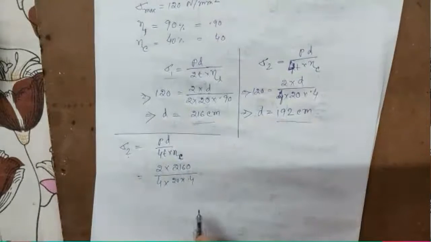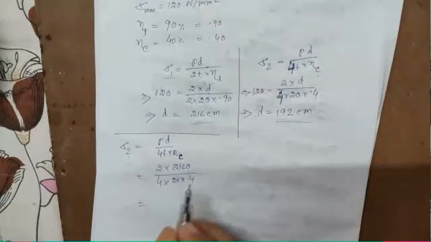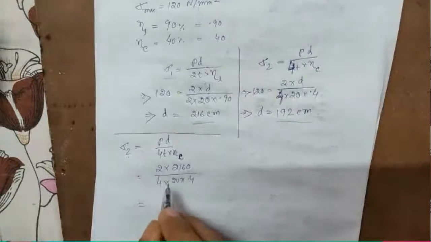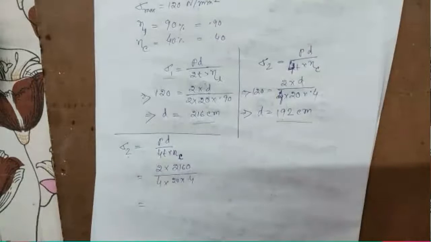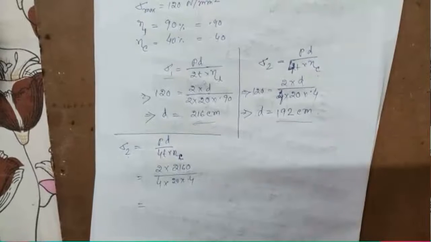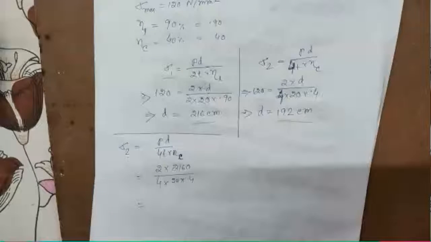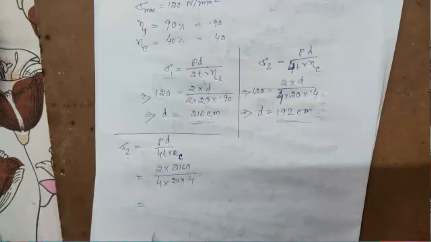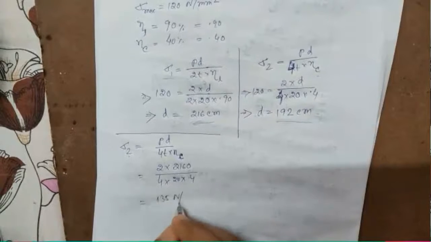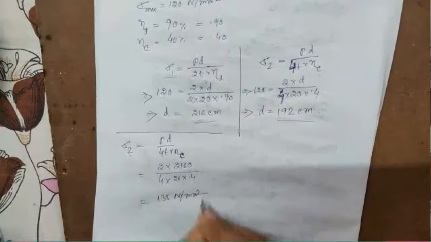So now solving it out, we will get, let me get the calculator, 2 into 2160 by 4 into 20 into 0.4, this becomes 135 Newton per millimeter square.